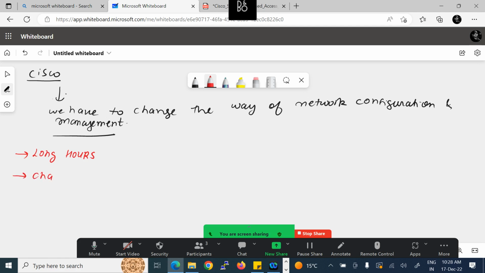There are higher chances of misconfiguration, and troubleshooting is difficult, because you have to go to each and every device and check that okay, here it is working fine, here it is working fine, like this.